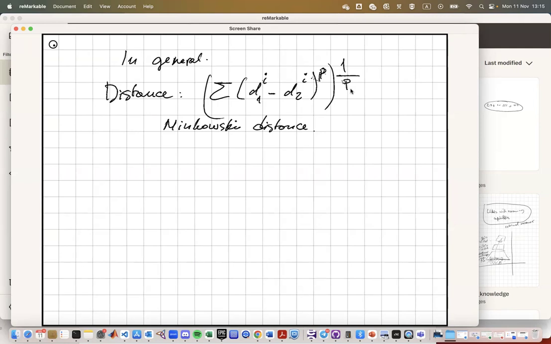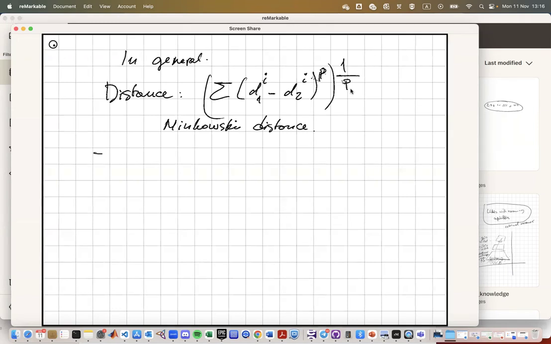For a very large p, it captures the magnitude of the differences in the individual features. So if you have, for example, one feature with very large magnitude, as you said, Euclidean distance smooths this out over the whole population of features, and the higher p is, the more sensitive it is to individual outliers.